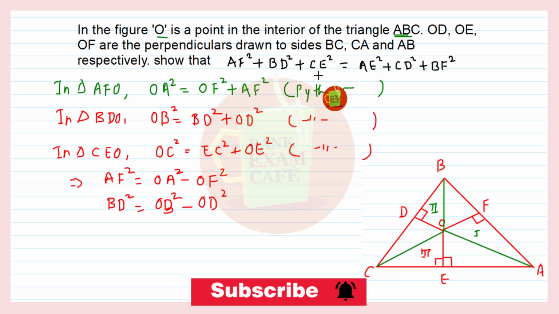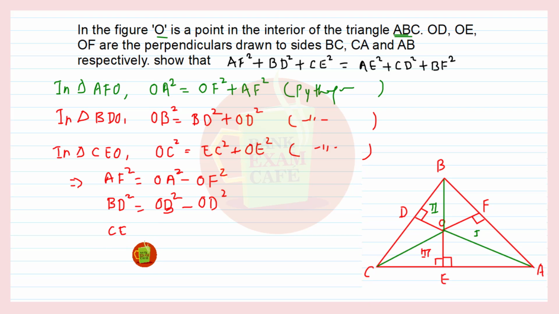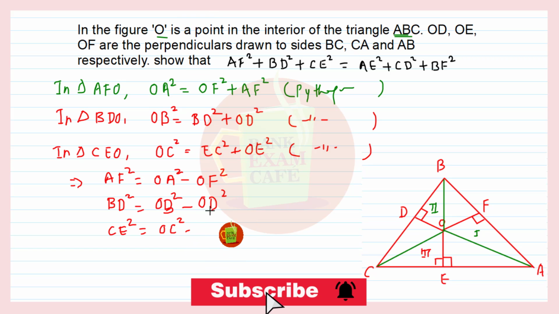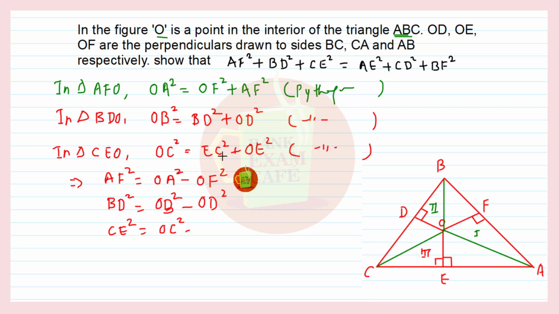And similarly here we want CE square, so CE square is equal to OC square minus OE square, taking OE square to this side.